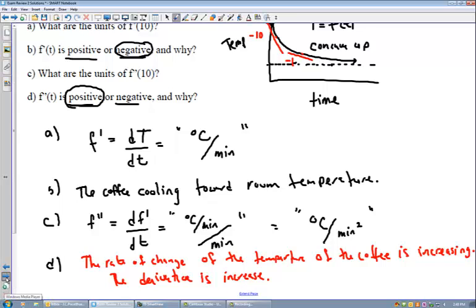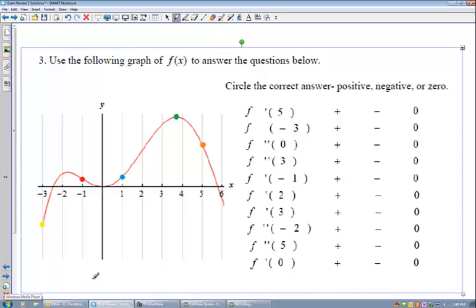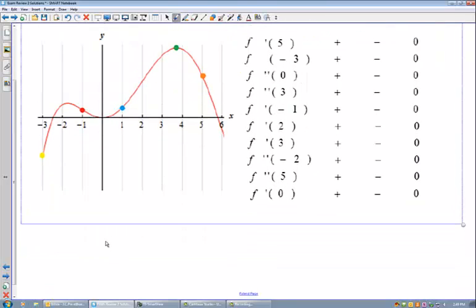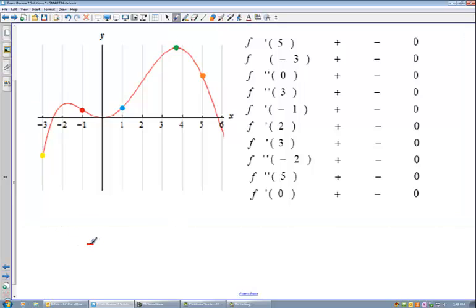All right, so number 3, this was actually from your quiz. And so this goes along with the saying that I gave you guys. Let's write this down. Positive ideas go with what?